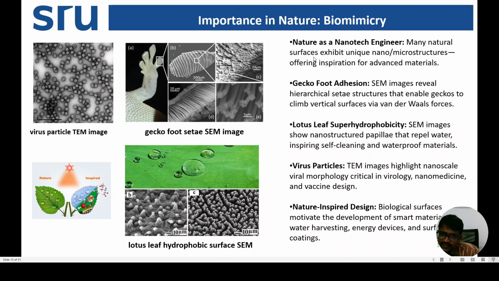Many natural surfaces exhibit unique nano and microstructures, offering inspiration for advanced materials. See, some images reveal hierarchical structures that enable animals to climb vertical surfaces. See this one. These hierarchical structures are very helpful.